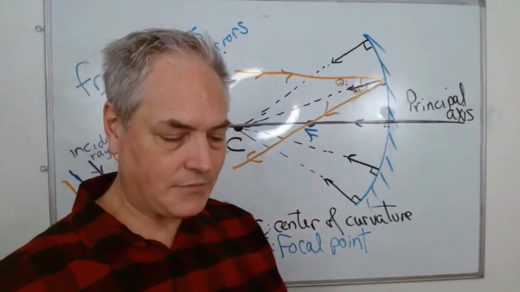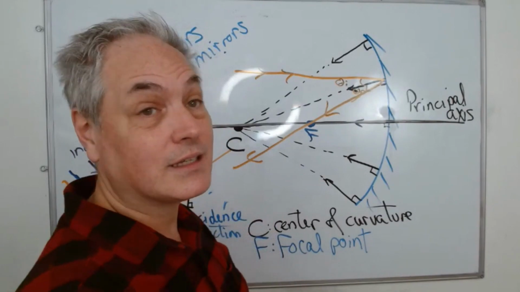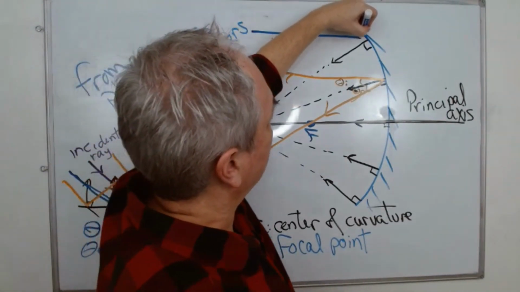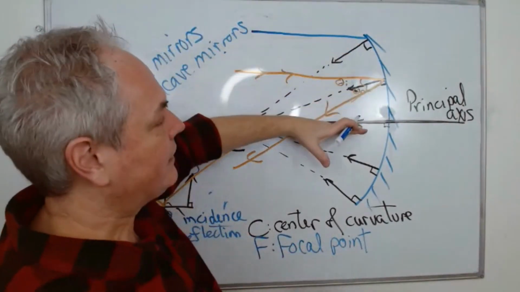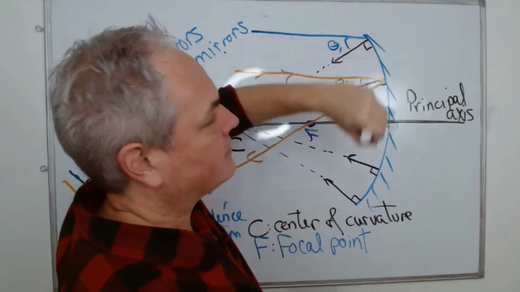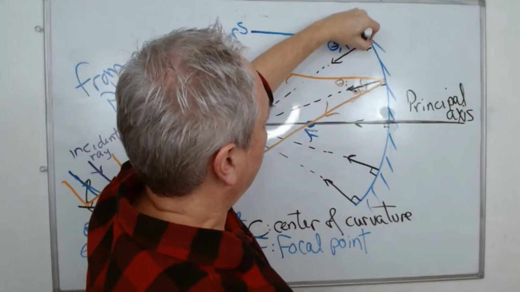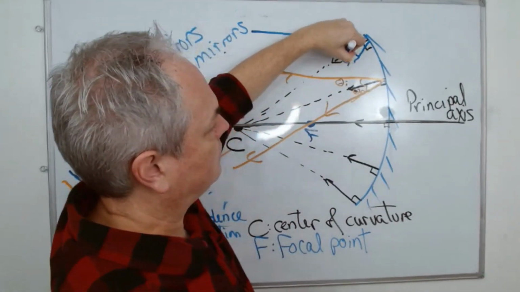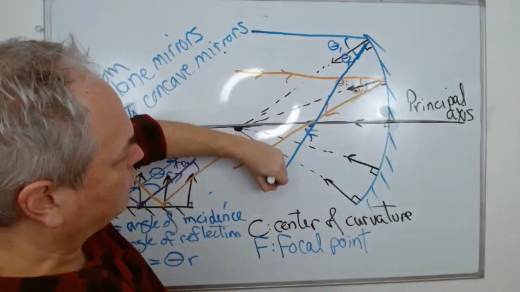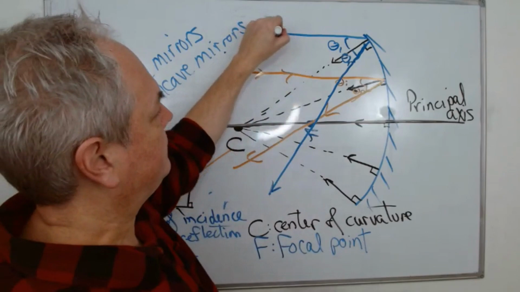Okay, so let's see if I can do a few more of these lines. If I have here a line that goes like this, that is also parallel to the principal axis, I have here the angle of incidence, we have here the angle of reflection, we have this ray that would be going this way.